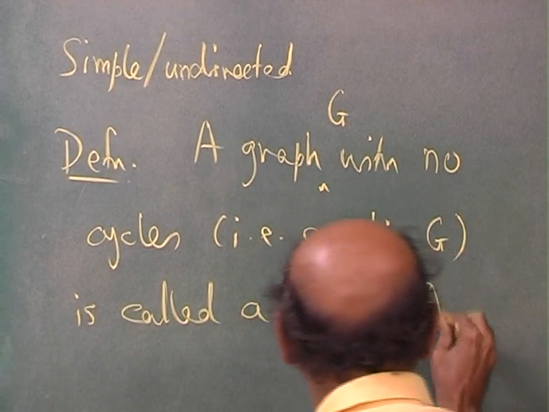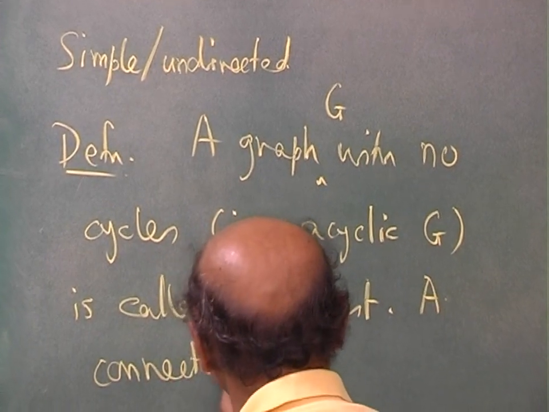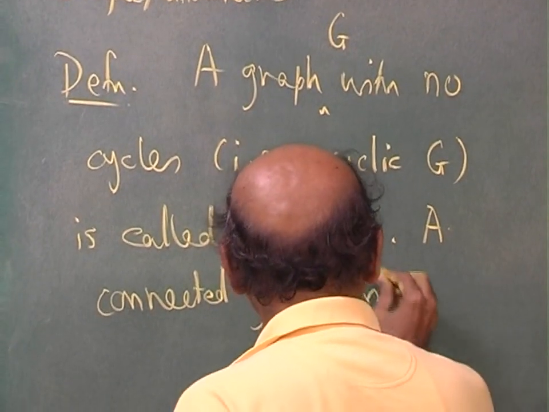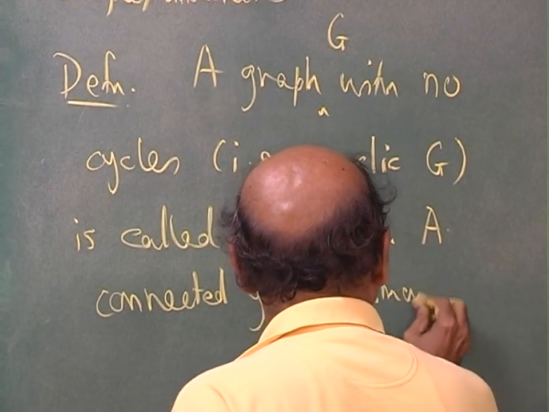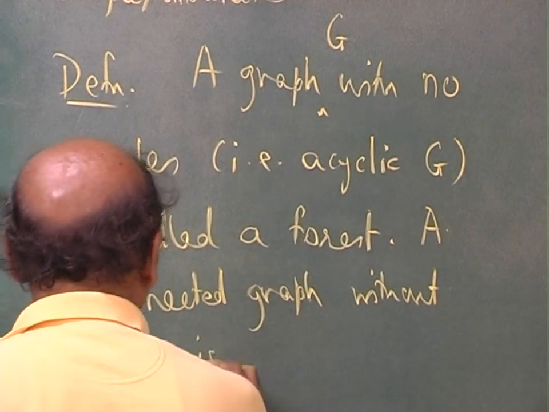A connected graph without cycles is called a tree.